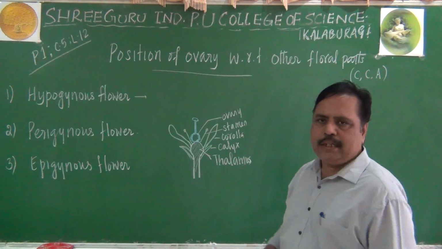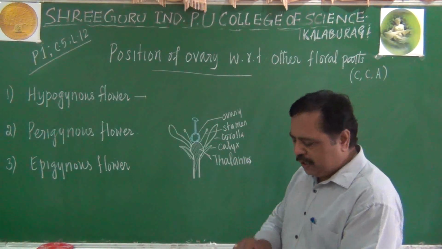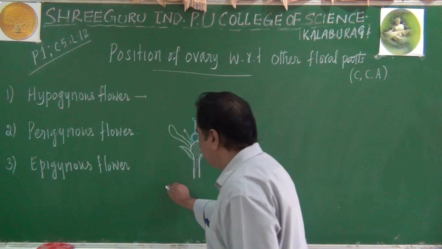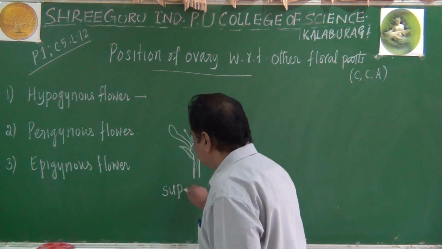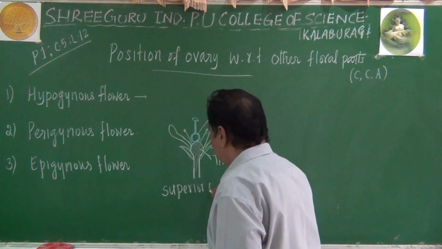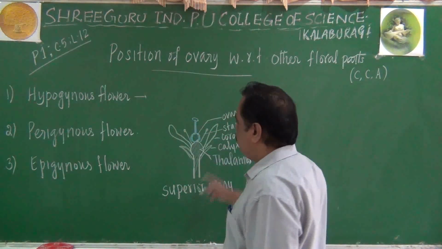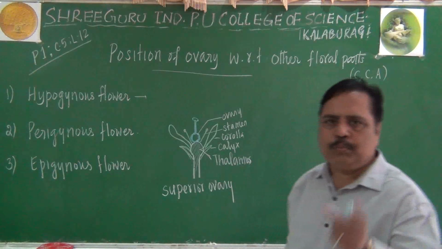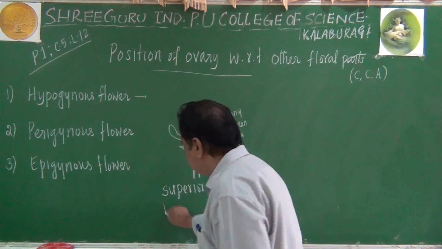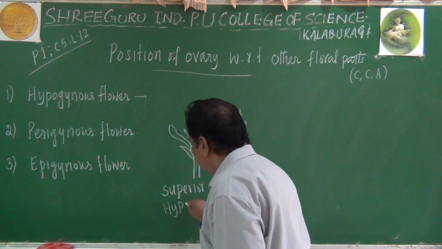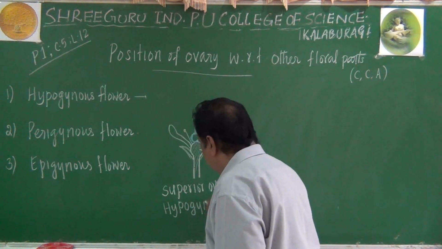Such an ovary is called superior ovary, we can say here. That is called superior ovary. And the whole flower which has got a superior ovary is known as hypogynous flower, we are telling.